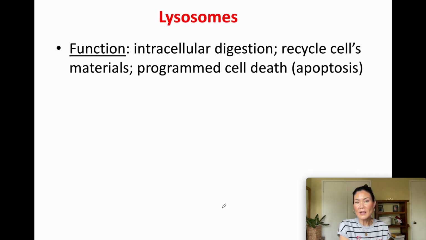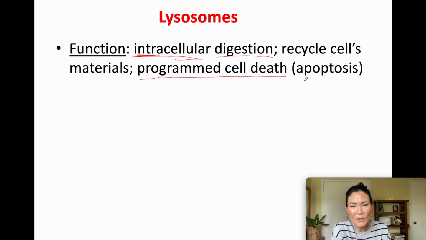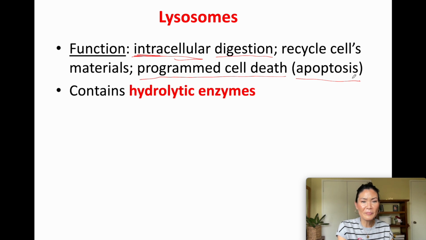Lysosomes have enzymes that are going to be used for intracellular digestion. Intracellular means inside the cell. There's going to be digestion happening. And then also there might be materials within the cell that need to be recycled. And then there's also what we call programmed cell death or apoptosis. And we'll be talking about that in just a sec, okay?